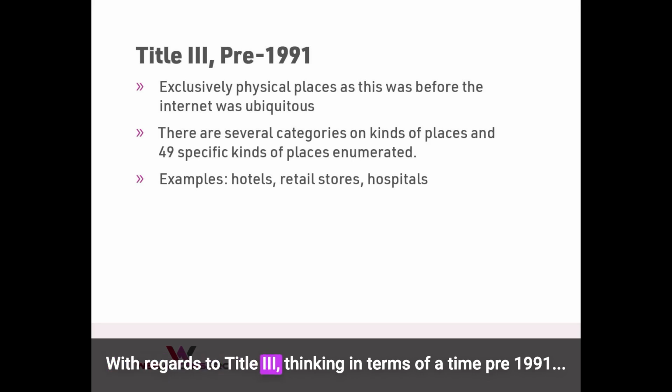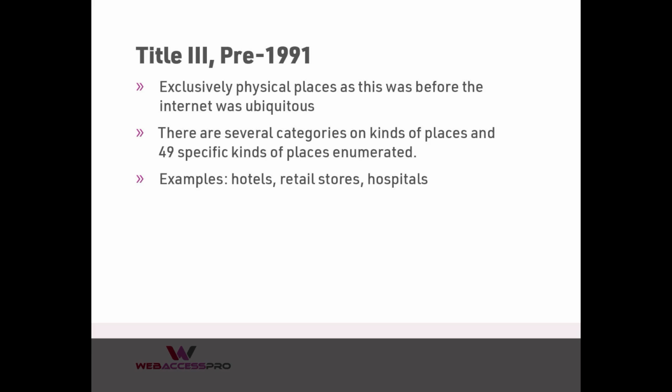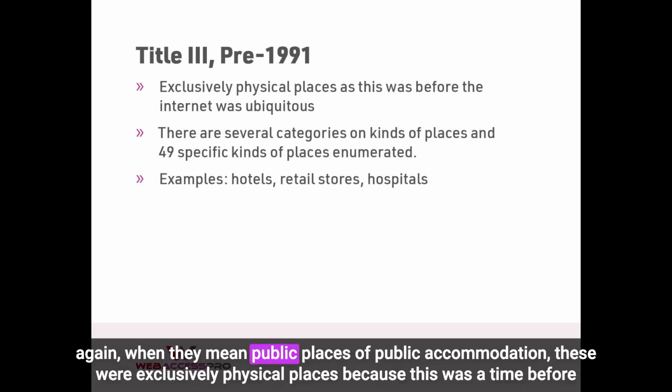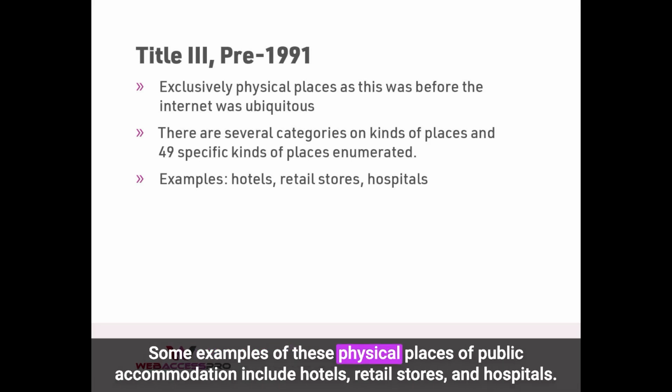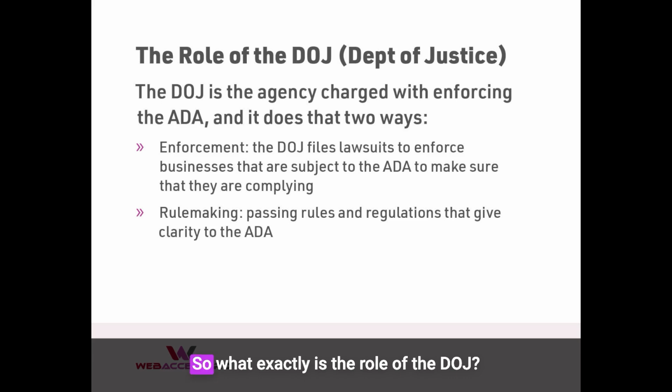With regards to Title III, thinking in terms of a time pre-1991, again, when they mean places of public accommodation, these were exclusively physical places because this was a time before the internet was ubiquitous, and they had several categories on the kinds of places, and 49 specific kinds of places were described. Some examples of these physical places of public accommodation include hotels, retail stores, and hospitals.